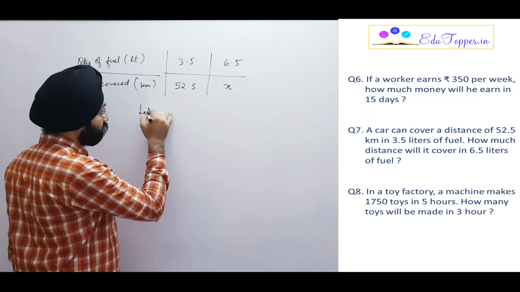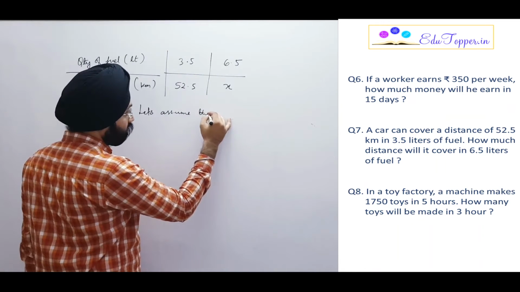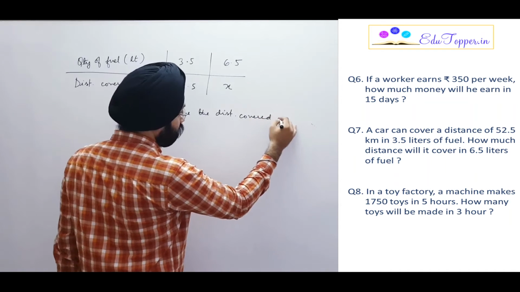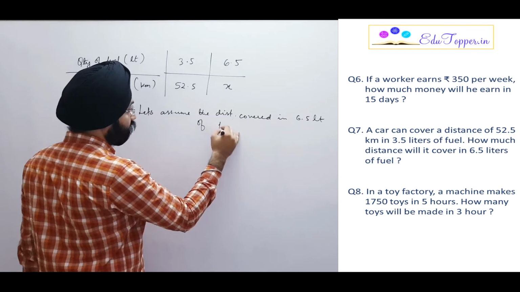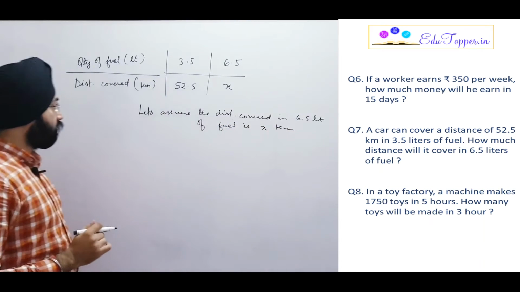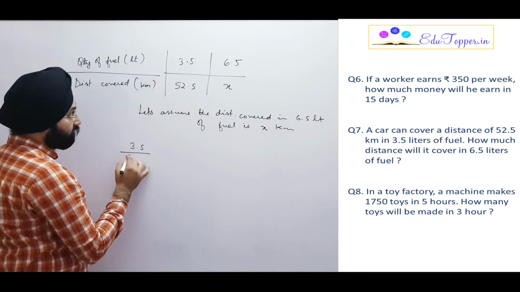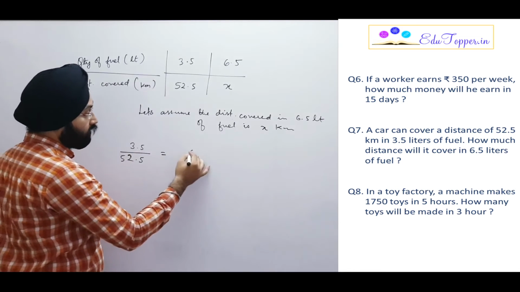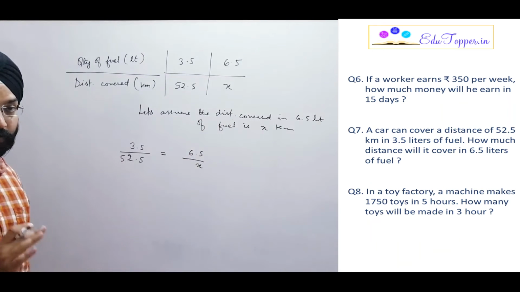Let's assume the distance covered in 6.5 liters of fuel is X kilometers. All right. So the quantity of fuel by the distance covered should be equal to the new quantity of fuel and the new distance covered, that is X, right?